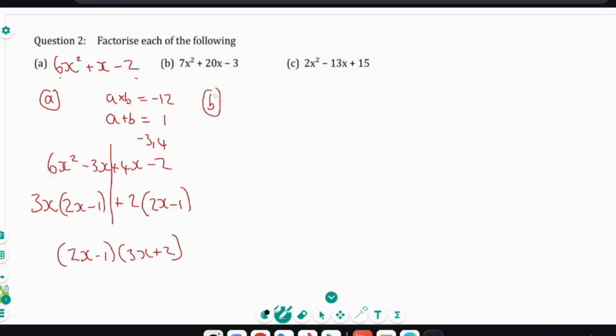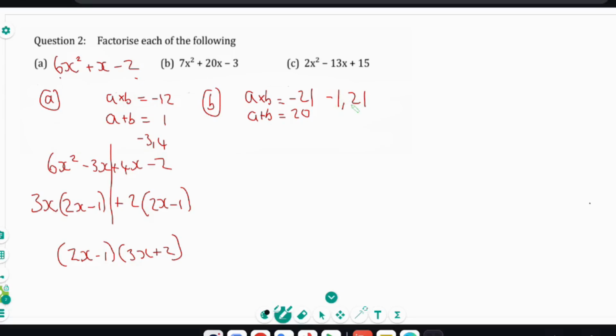Part B. 7 times negative 3. I need to find my numbers first. So multiply to get negative 21. Feel like it's going to be something with 1 and 21. So yeah, no, it's not the other way around. Minus 1 plus 21, because you multiply those, you get negative 21.